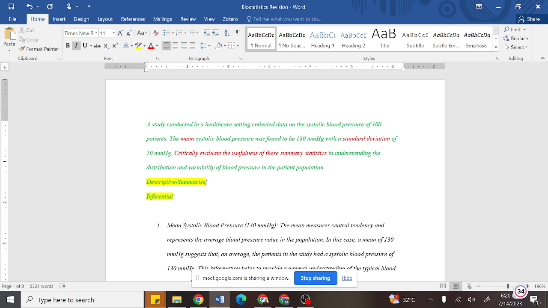And in inferential, our interest is how we make conclusions on populations based on sample data, or based on data from samples.